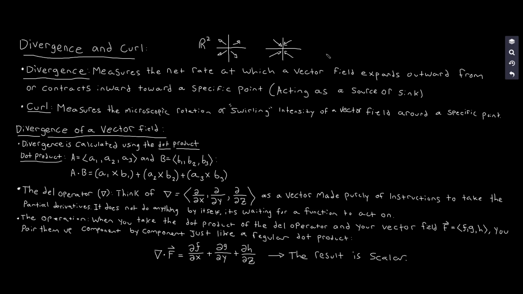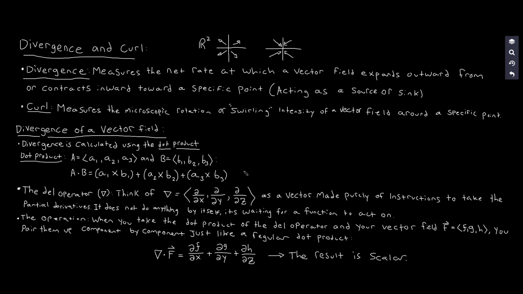Now, a curl measures the microscopic rotation or the swirling intensity of a vector field around a specific point. Divergence of a vector field is calculated using the dot product. So here is a refresher on how to take the dot product.